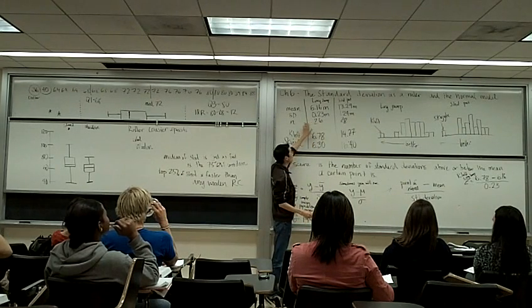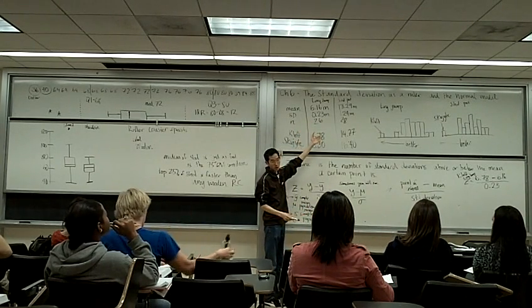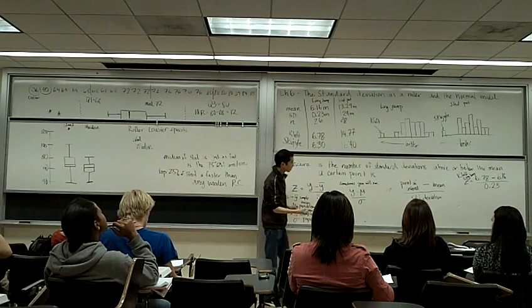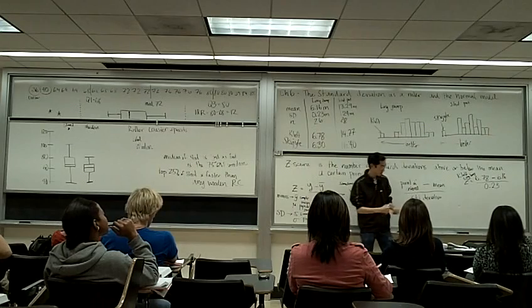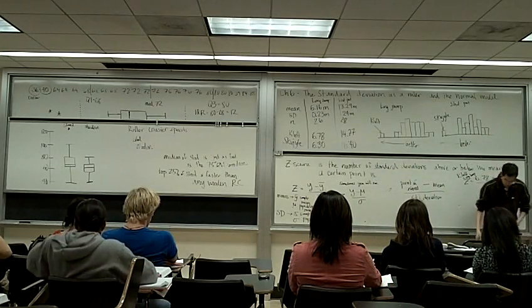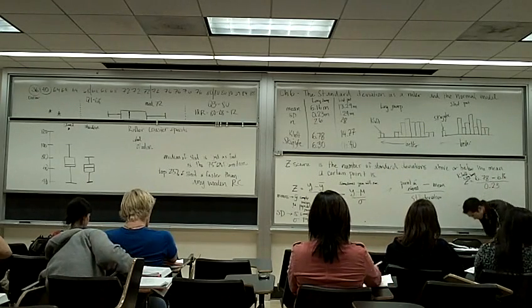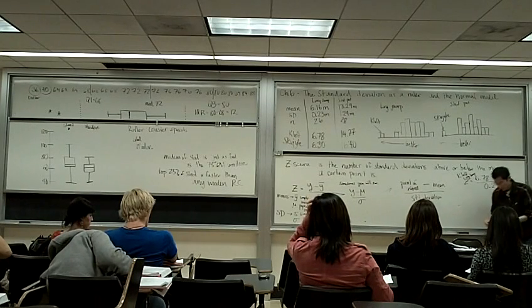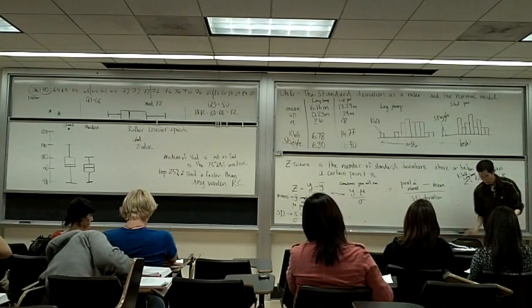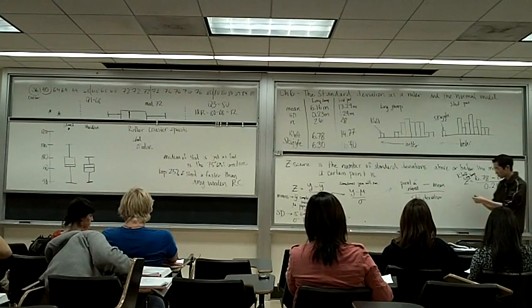The n doesn't play a role in our z-score here. So we do 6.78 minus 6.16, and now I need my calculator, and we divide this by 0.23.